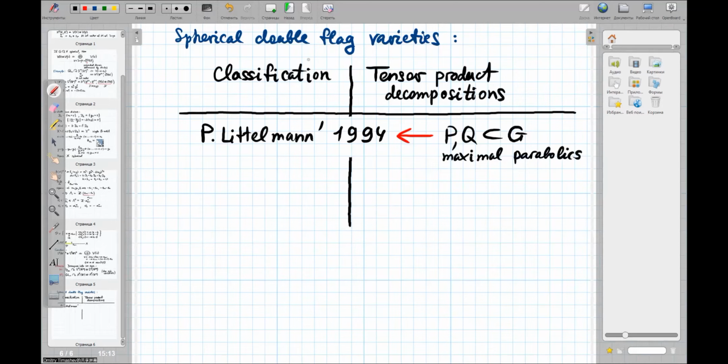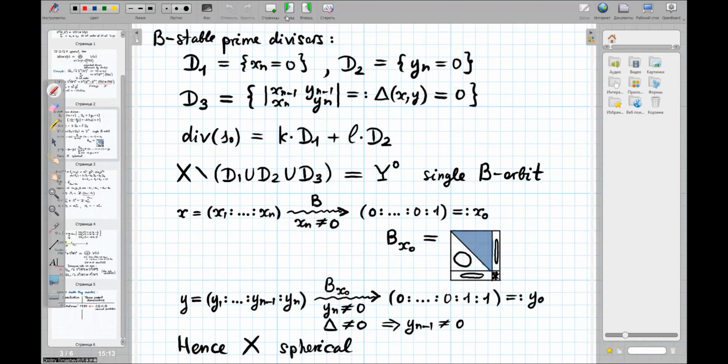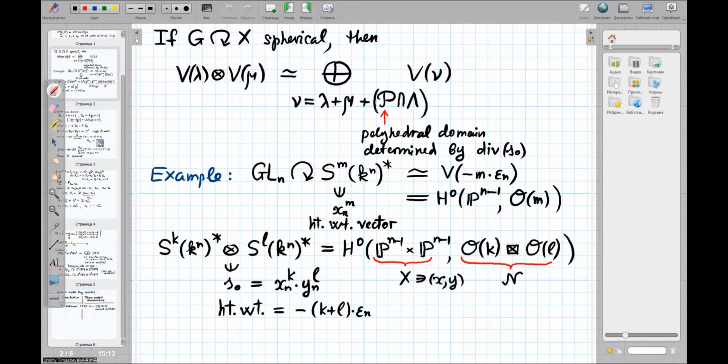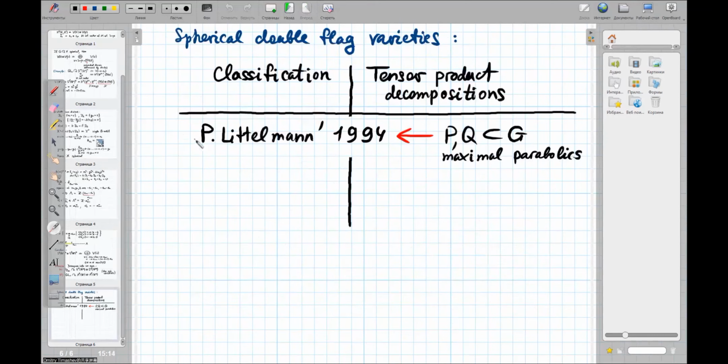For instance, the example which we just have considered belongs to this case, because the projective space, this space P to the n minus 1, is a partial flag variety for GL_n. And the parabolic subgroup stabilizing a point in here is a maximal parabolic subgroup in GL_n. So the example belongs to the Littelmann list, of course.